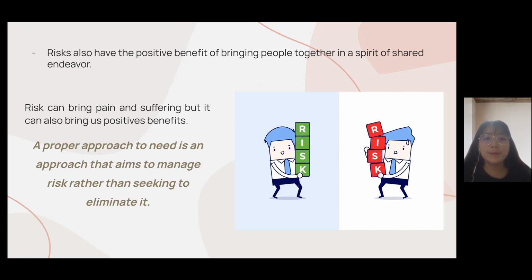Risk then is clearly a basic part of human experience. It can bring us pain and suffering, but it can also bring us many positive benefits. Therefore, simply trying to remove risk is unreasonable, unrealistic, and potentially oppressive. So, what is needed is an approach that aims to manage risk rather than seeking to eliminate it.